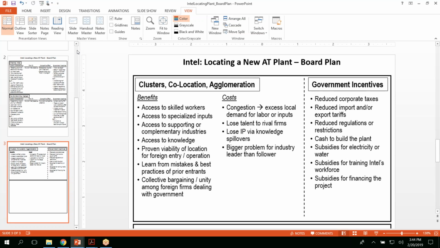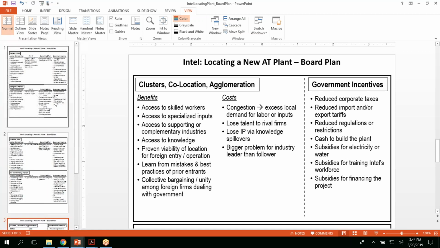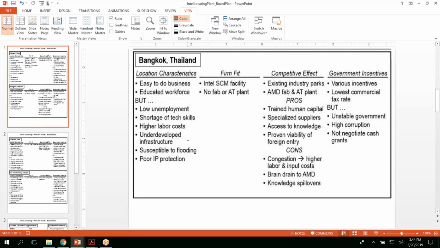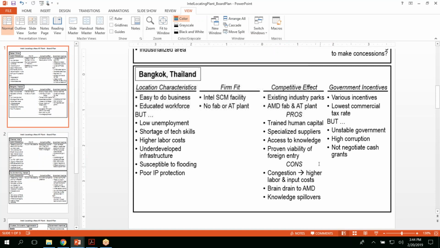They are able to free ride off the efforts of the bigger firm, the leader firm, and benefit from their talent training, et cetera. So a cluster or co-location is good, but competitively, it's better for the smaller firm than the bigger firm. All right, so where are we? That's why if we talk about Thailand, you can have that discussion and even go to that sideboard with a competitive effect.